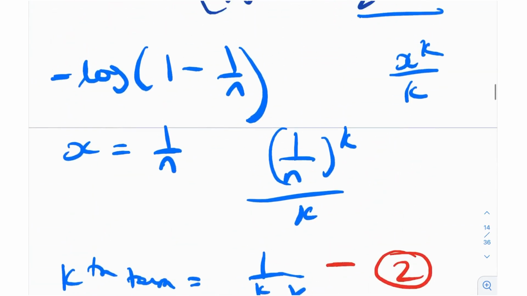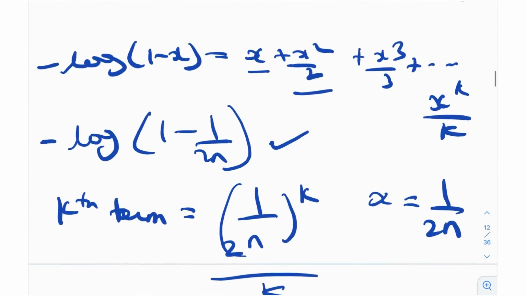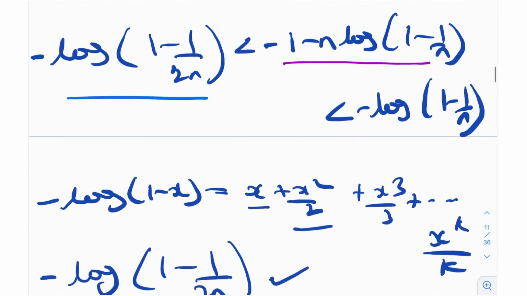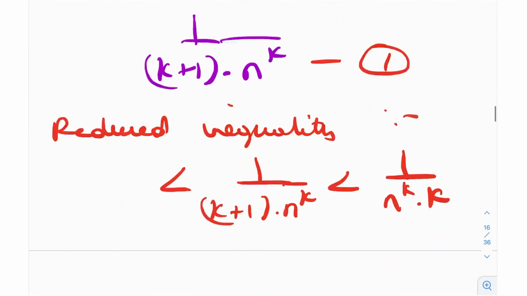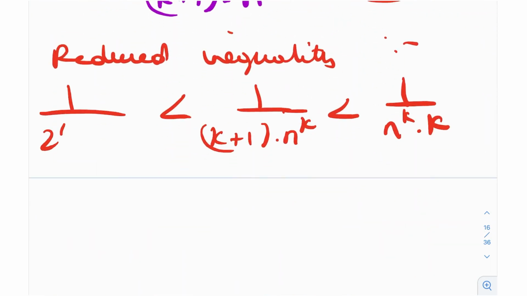And equation number 3, which we had taken first, obviously comes on the left hand side: 1 by 2 raised to the power k times n raised to the power k times k. That's what we had over here. Now we just need to prove this inequality.